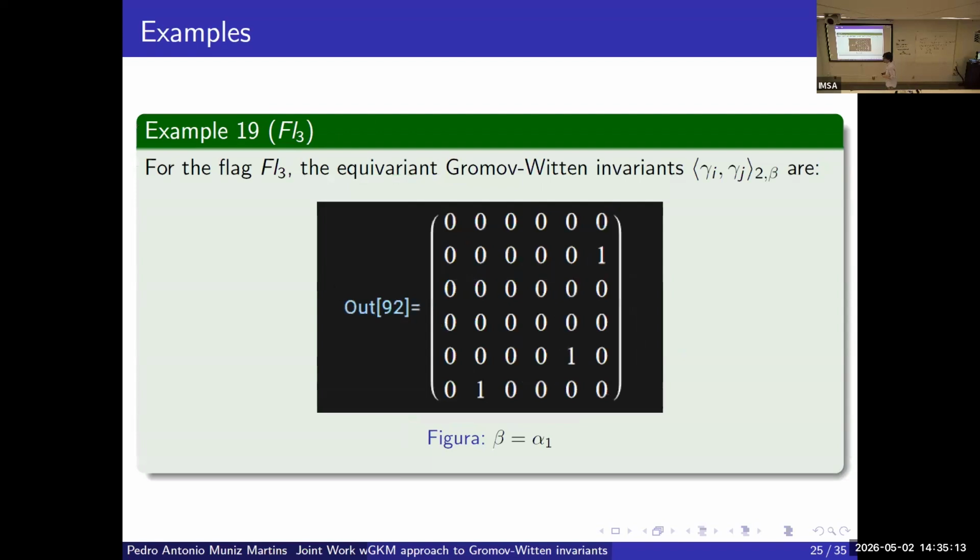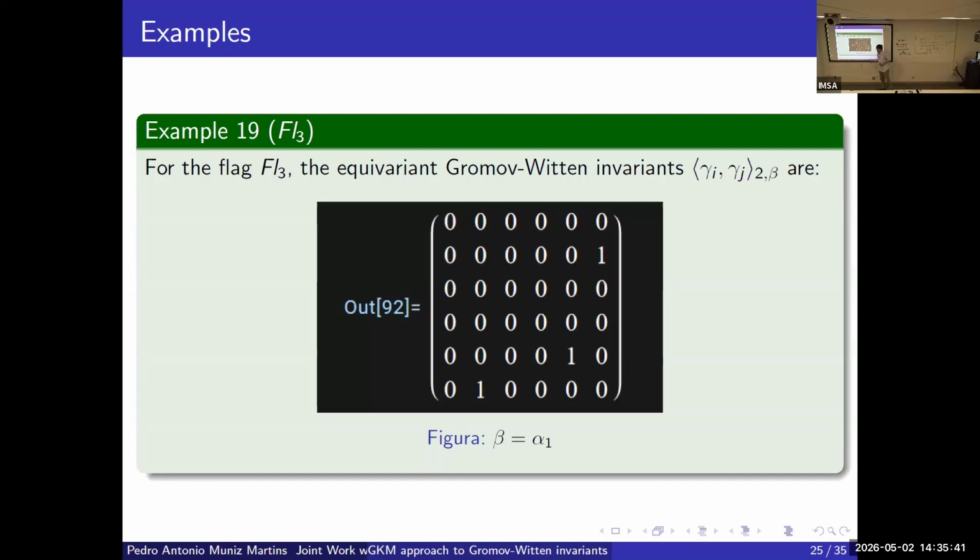Okay. So now, what does this matrix represent for these two Schubert cells? Well, this entry is this Gromov-Witten invariant, with beta equals alpha 1.